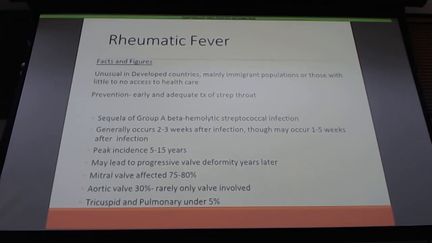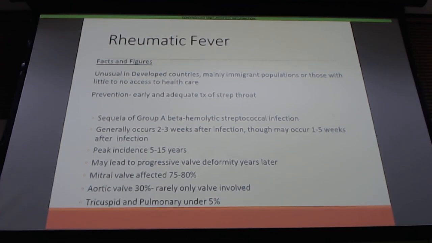What are some of the sequelae for rheumatic fever? That's the other reason why we want to make sure we definitely treat. If you look at the bottom there, it may lead to progressive valve deformity years later. If you look at the mitral valve, 75 to 80%. If you do end up getting this and it's not treated appropriately, it may affect your mitral valve.